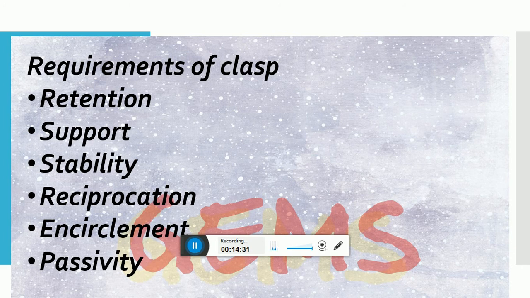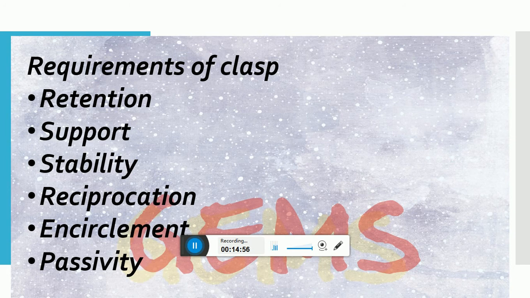The amount of retention depends on the flexibility of the clasp arm, the depth of the retentive terminal extending into the undercut, and the amount of clasp arm that extends below the height of the contour. Basically, flexibility depends on the length of the clasp arm, the diameter of the clasp arm, the cross-sectional form of the clasp, and the curvature of the arm.